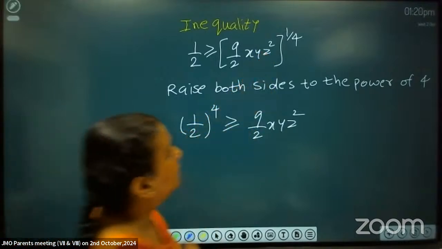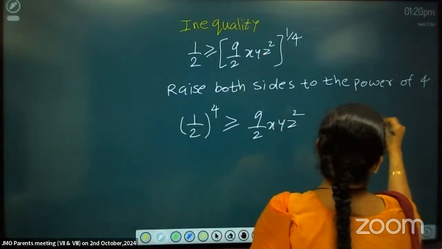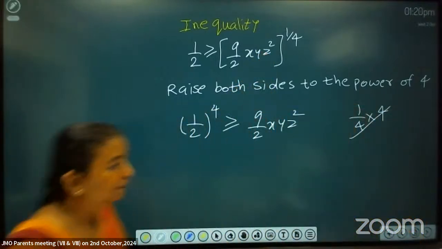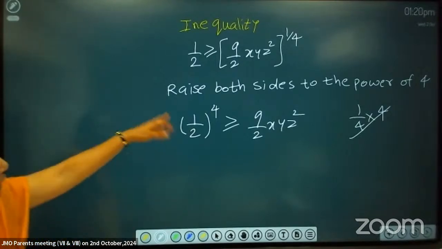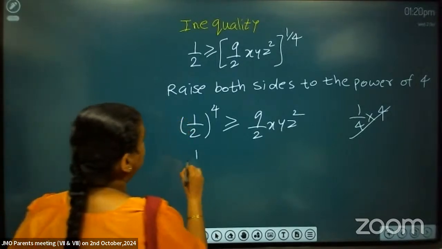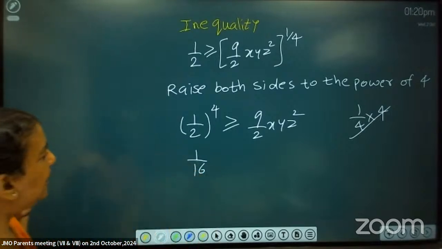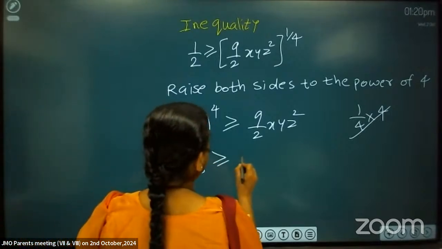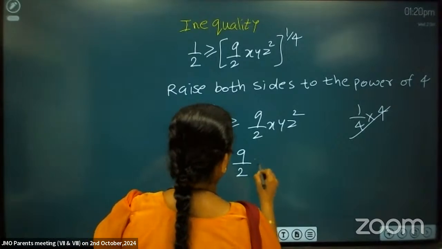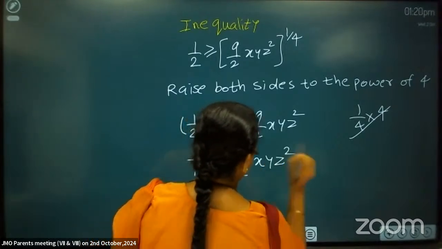Correct? Because 1 upon 4 into 4 will cancel out each other. Now, what is 1 upon 2 raised to 4? It is 1 by 16. So 1 by 16 is greater than or equal to 9 upon 2 xyz square.